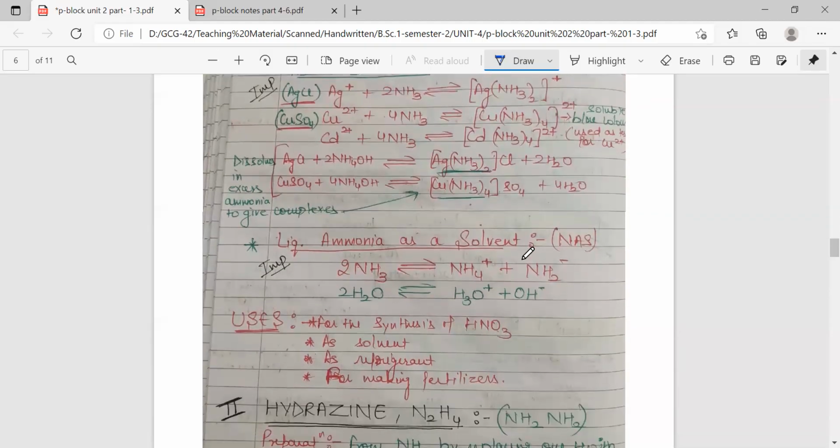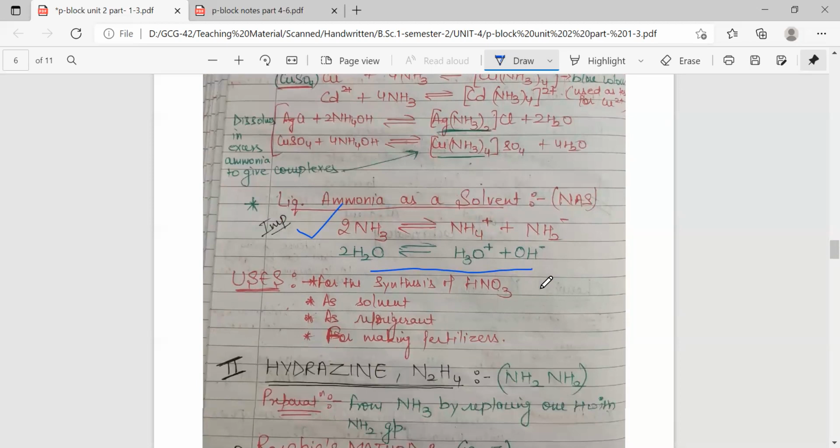Liquid ammonia is also used as a non-aqueous solvent, as I have mentioned earlier. The self-ionization reaction for liquid ammonia is this: its cation characteristic is the ammonium ion and its anion characteristic is the amide ion. This is similar to the auto-ionization reaction of water, where the cation characteristic is H3O positive and the anion characteristic is OH negative.